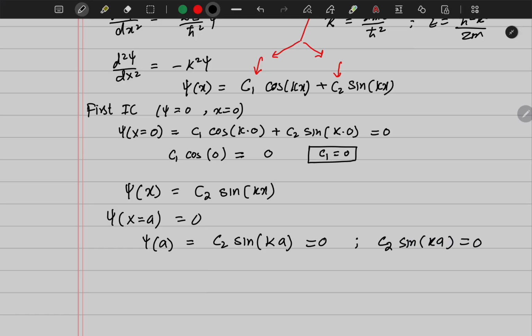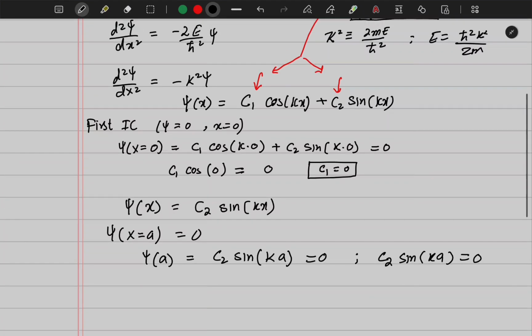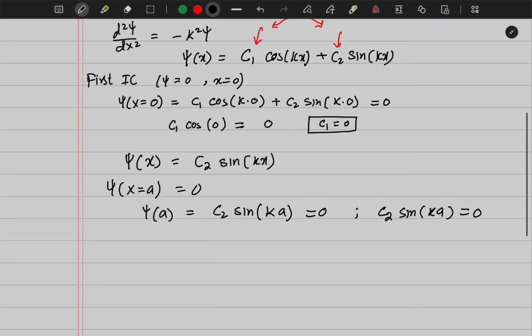We can make this expression 0 if we make the angle 0 or pi, a multiple of pi. So ka is equal to n pi. If ka equals n pi, then for all the values of n, this condition will be satisfied. So for every value of n we have a different value of k. So k_n is equal to n pi by a.